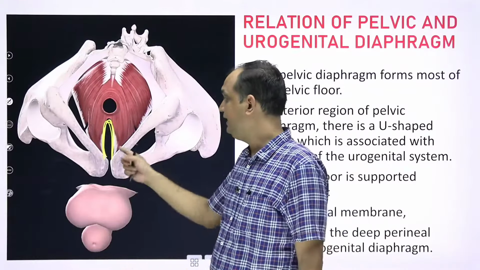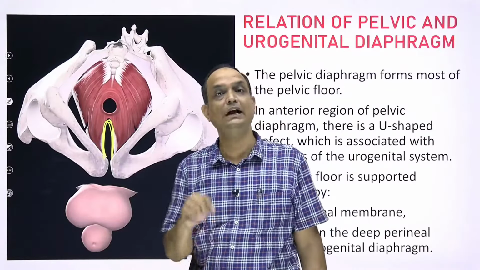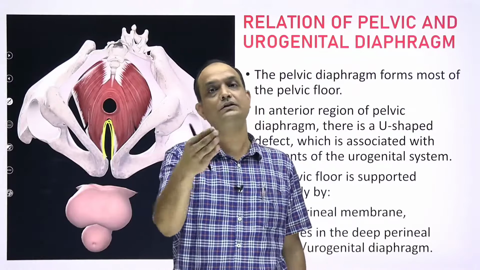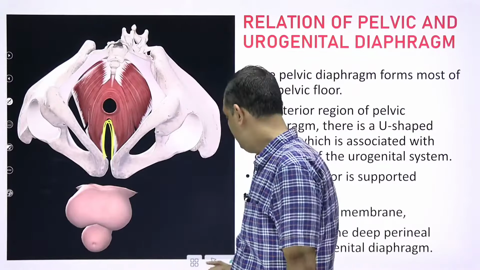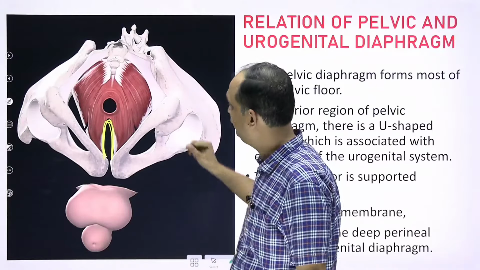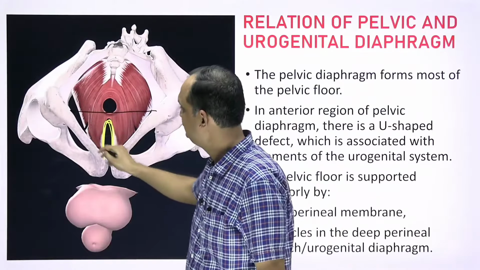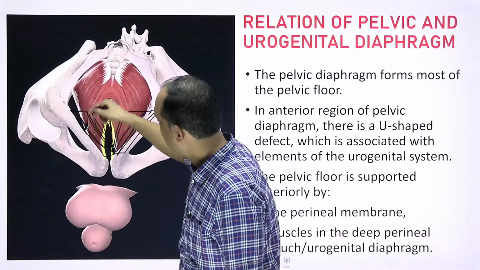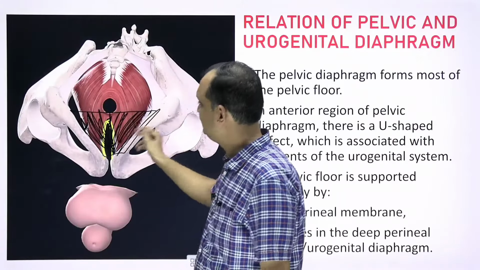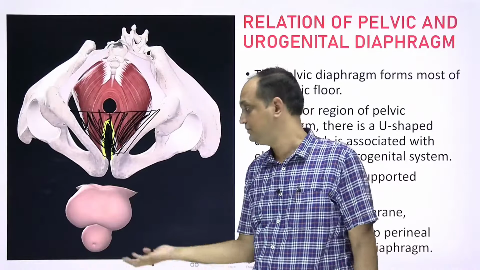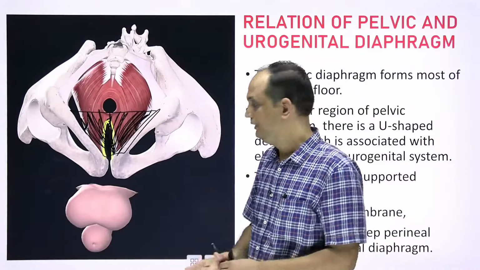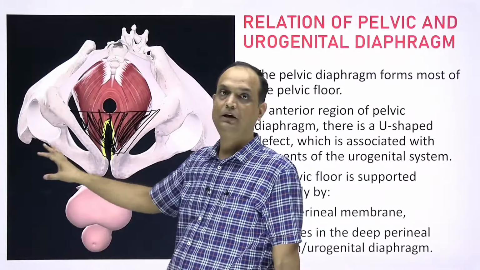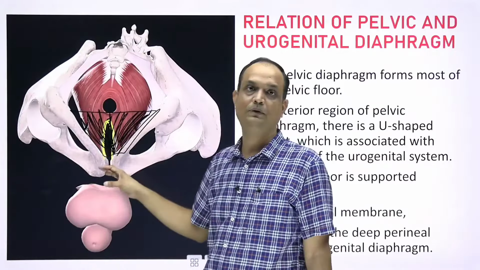Now this weakness which is present in the anterior part of the pelvic diaphragm is further supported by one more layer of diaphragm, and that is known as the urogenital diaphragm. So my dear students, you have to understand that if I am doing dissection from below, if you remove the genitalia and the skin from here, you will find the contents in the superficial pouch.